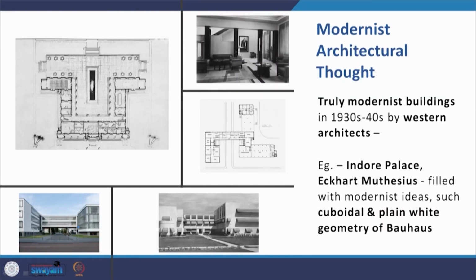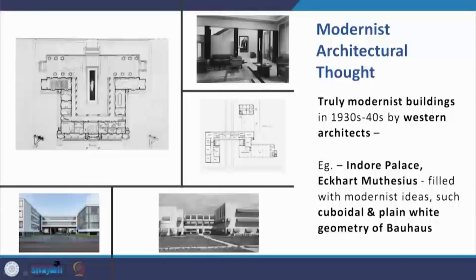But then the modern architectural thought started seeping into India. As I talked about last time also, Walter George had brought in classical style and modernist form together, but now the modernist architectural thought from Europe, with the international style being so firmly established in the 1920s, then came into India.